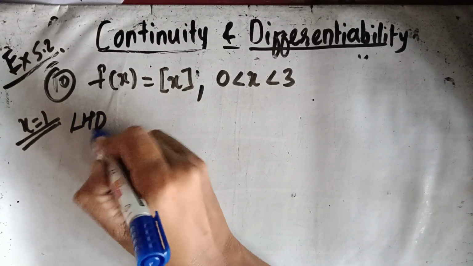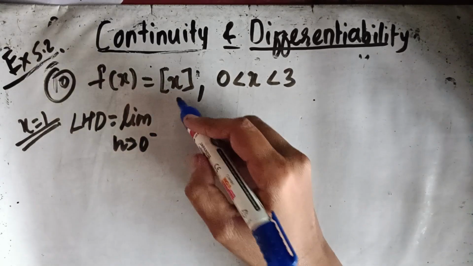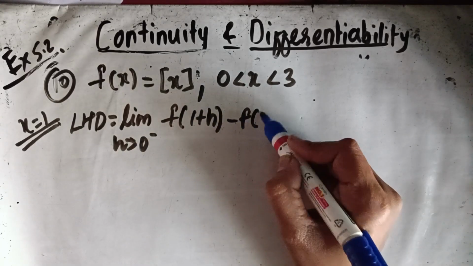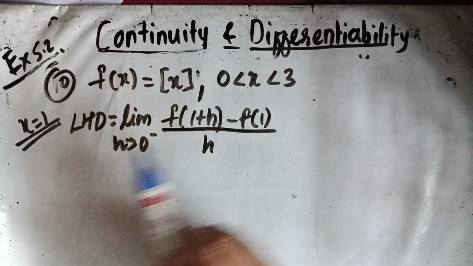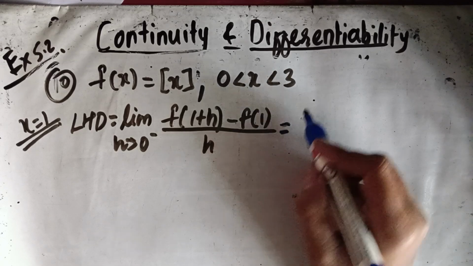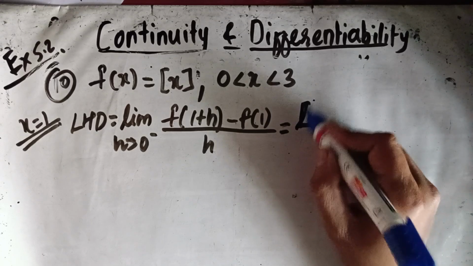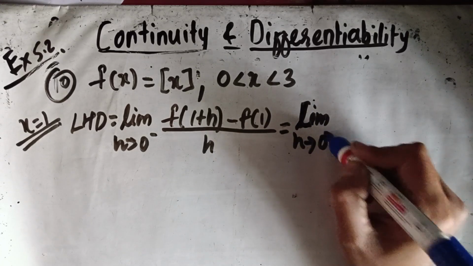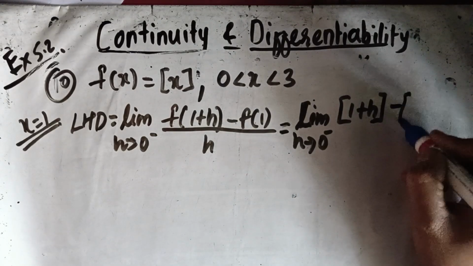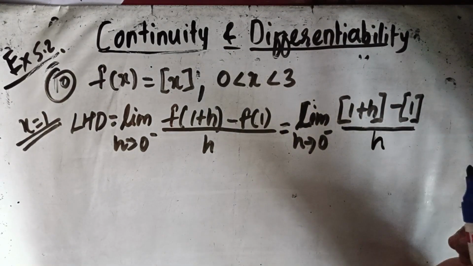So left hand limit is h tending to 0 minus f of 1 plus h minus f of 1 upon h. We are approaching from the left hand side. So f of 1 plus h, you can write limit as h tending to 0 minus box 1 plus h minus 1 upon h.